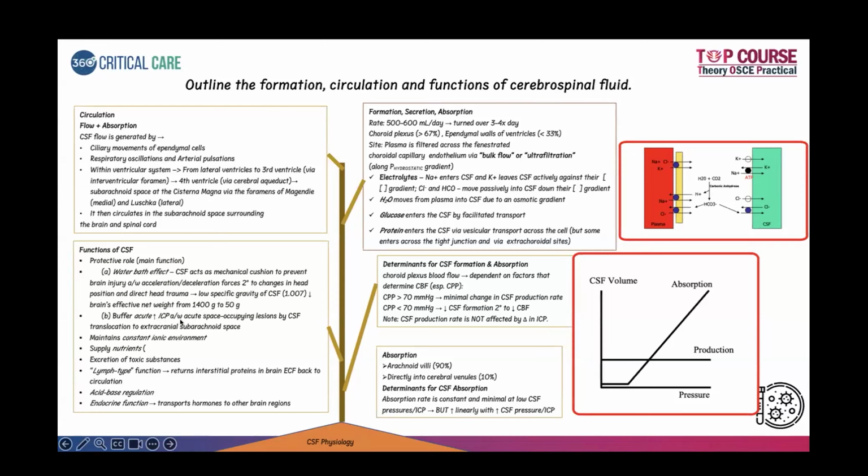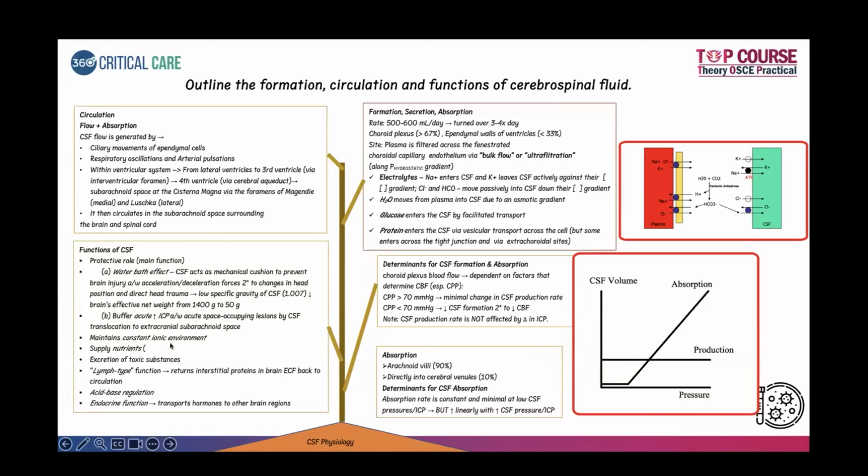So an acute increase in ICP associated with acute space occupying lesions or any bleeding or anything that happens acutely is buffered by displacement of the CSF from the intracranial space into the extracranial space, like the spinal cord space, if there is an increase in pressure in the brain.